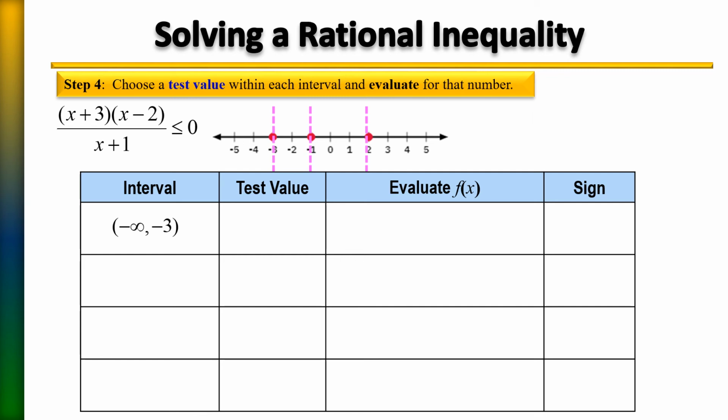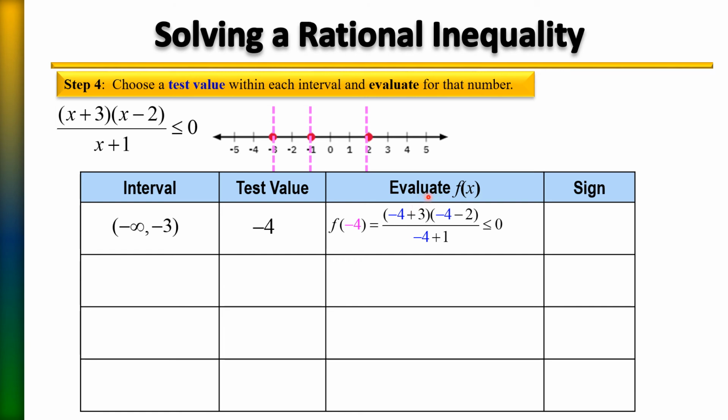Let's choose -4 there and plug that in. So now we're going to evaluate the function. Everywhere we see an x, we're going to replace it with -4. Once we do that, on top there we have a negative. In the second parentheses, that will also equal a negative.